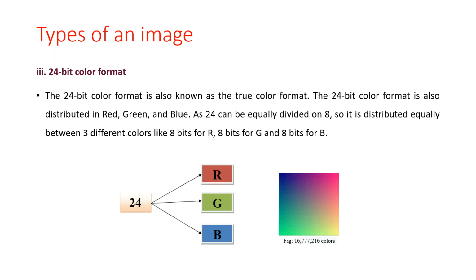As 24 can be equally divided by 8, it is 8 for red, 8 for green and 8 for blue. So it is distributed equally between three different colors: 8 bits for red color, 8 bits for green color and 8 bits for blue color. So this is a simple 24-bit color format representation for an image.